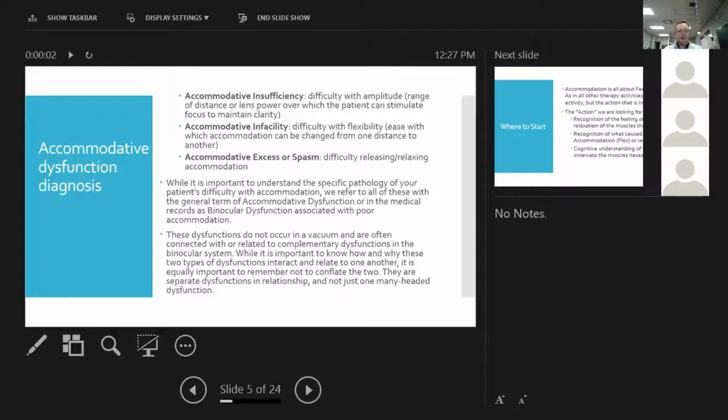So you have a suppression check, but you're doing an accommodative activity. If they have a problem, you as the therapist have to determine, was it their binocular problem that caused them to have issue, or was it the accommodation problem, okay? And being able to work through those different things.